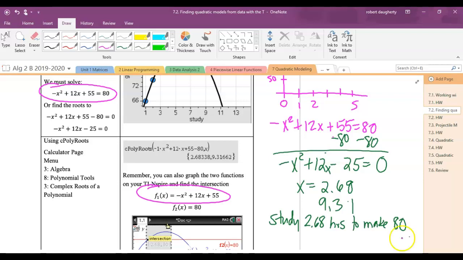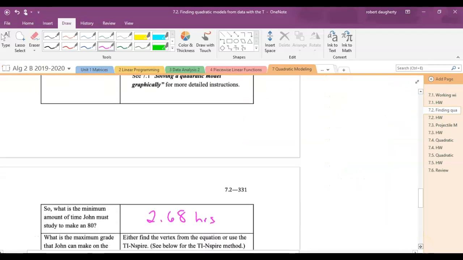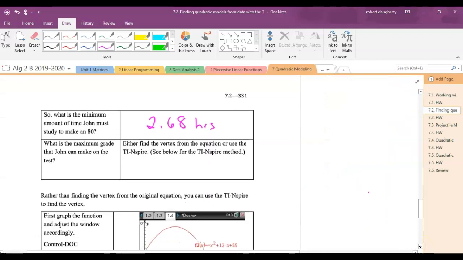So to find the vertex, so the maximum grade he can study, I can say x equals negative b over 2 times a, which is what? 6. Okay. And then to plug this in, our formula is what?